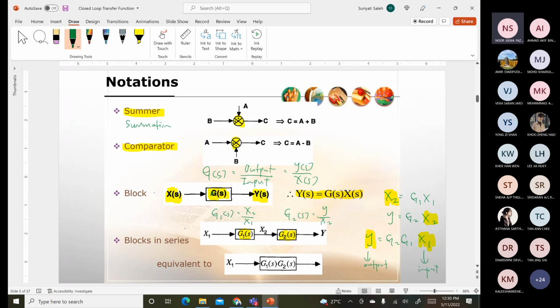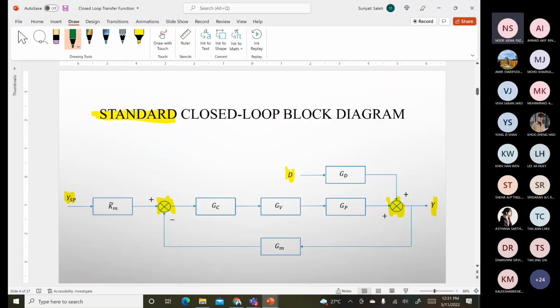So this is equivalent to the given block diagram, with Y as the output. So from two block diagrams in series, we can combine them into a single block diagram based on the output over input relationship. This indicates that we can further develop the overall closed loop transfer function for this standard block diagram.